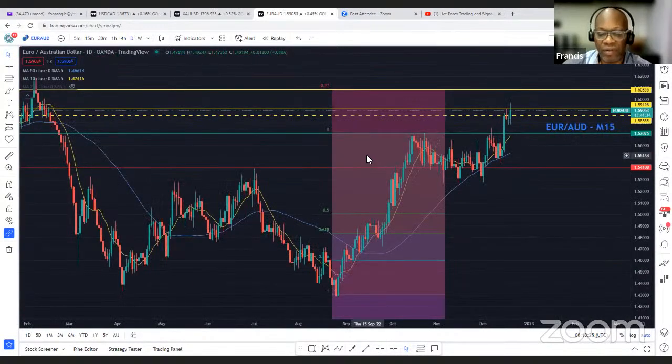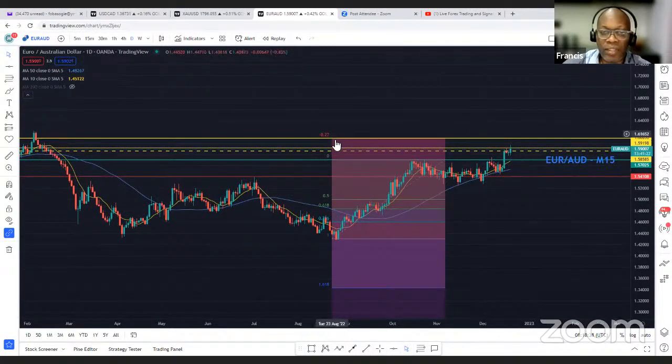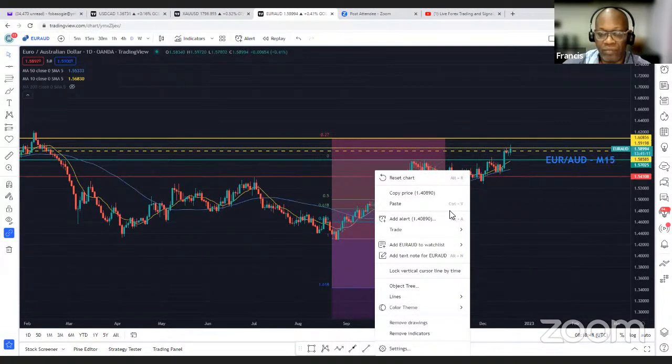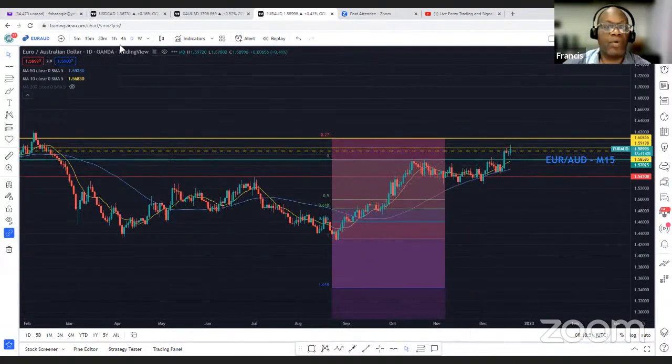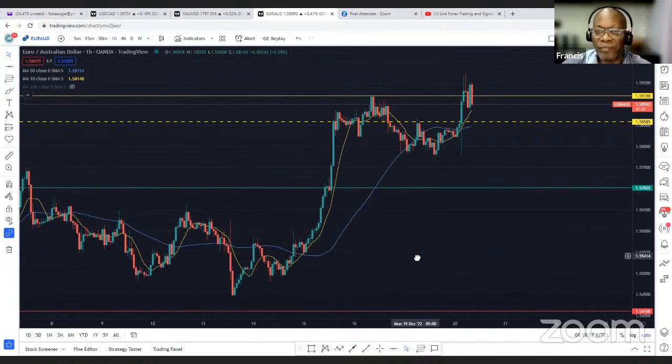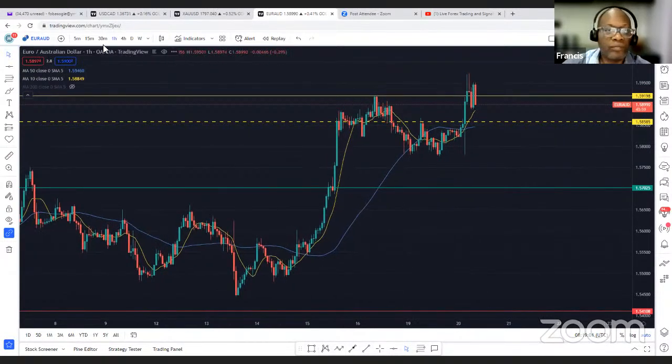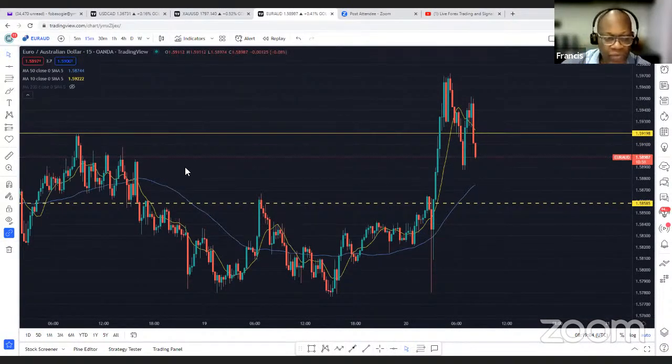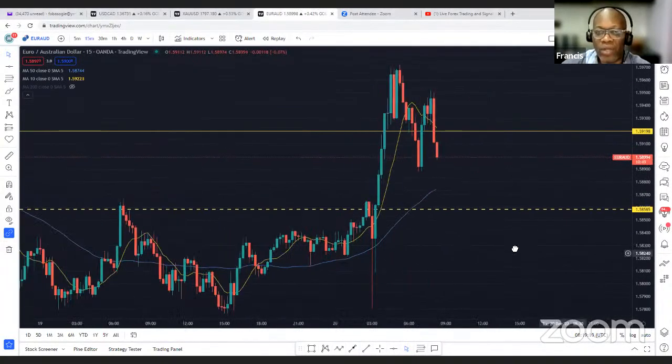Let's take this off. Okay. So I mean, basically, to get into a trade quicker, we tend to use the lower time frames.